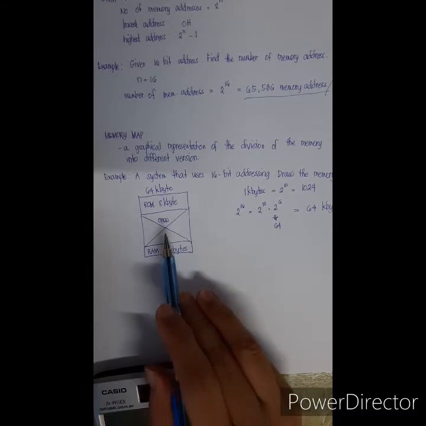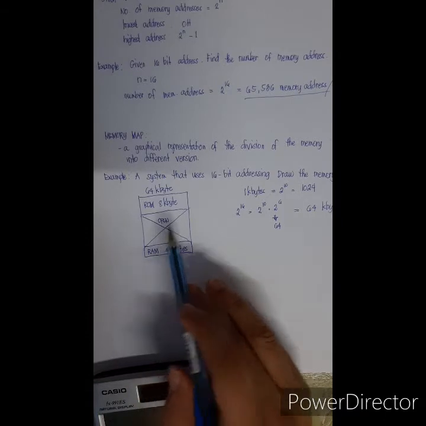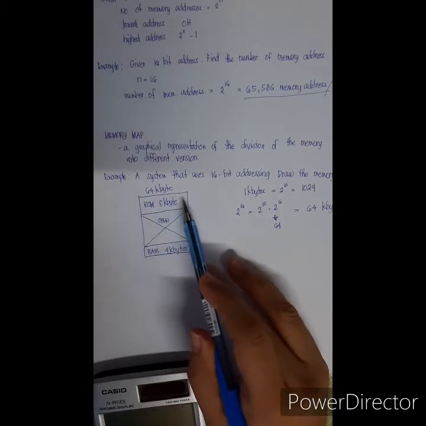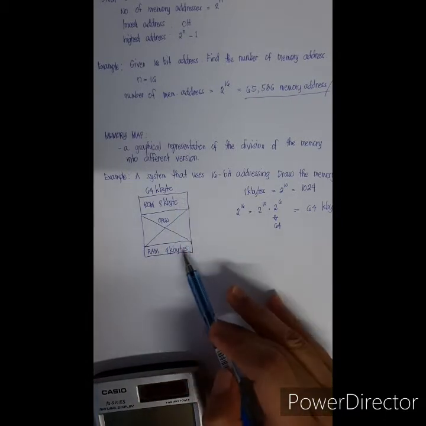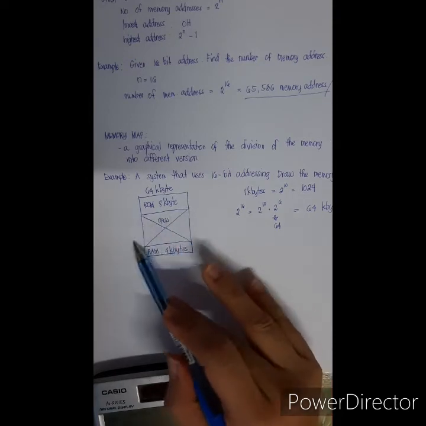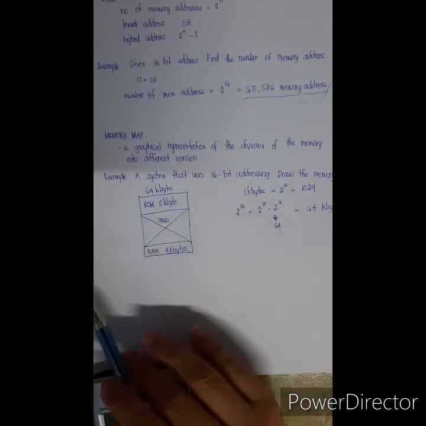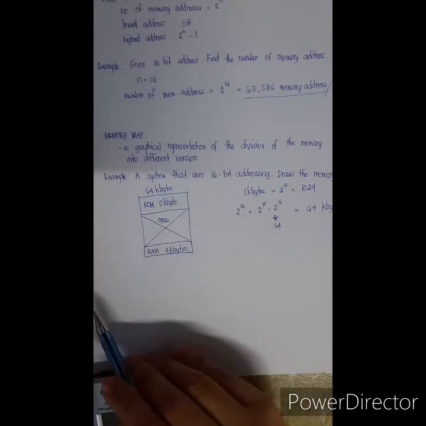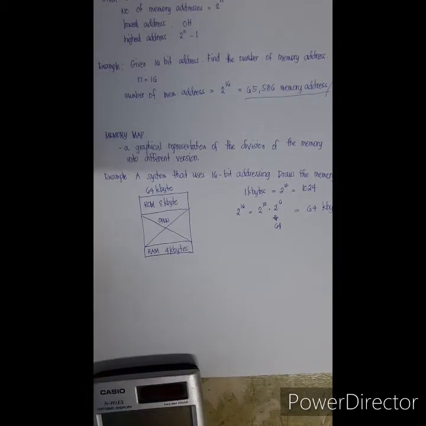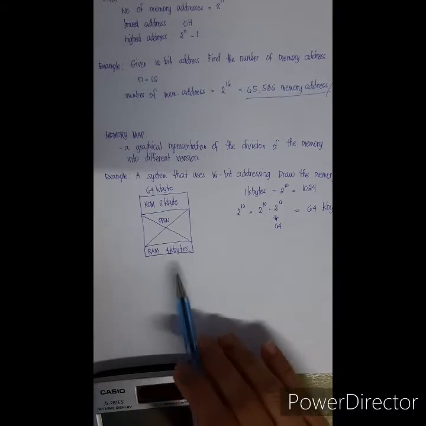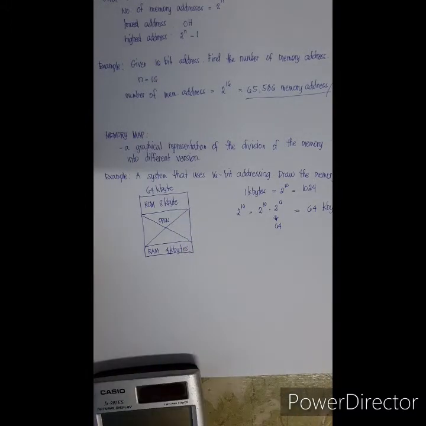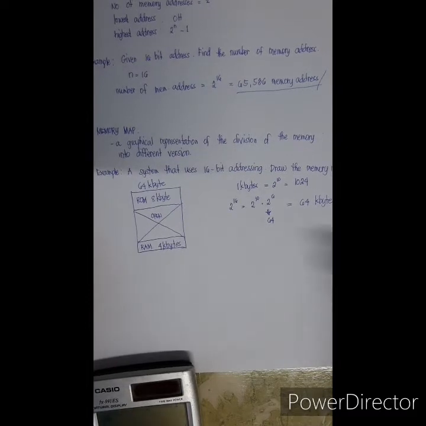That would become 64 minus the 8 kilobytes minus the 4 kilobytes becomes the open memory. But if we are asked to complete the lowest address and the highest address of each of this memory, how do we find it?